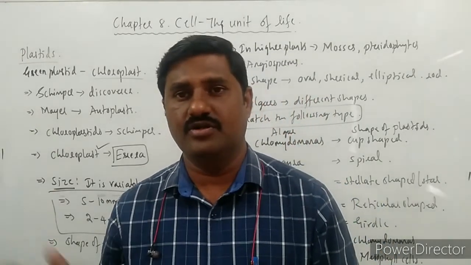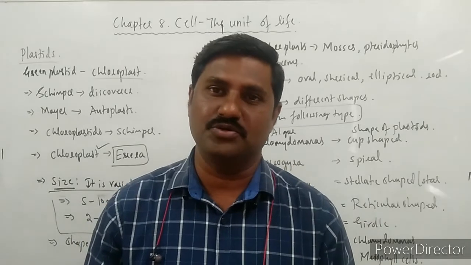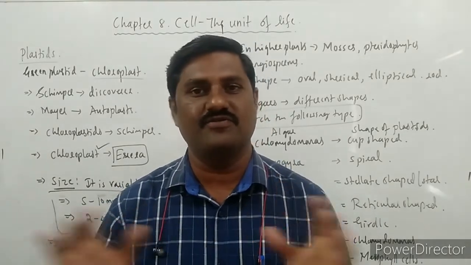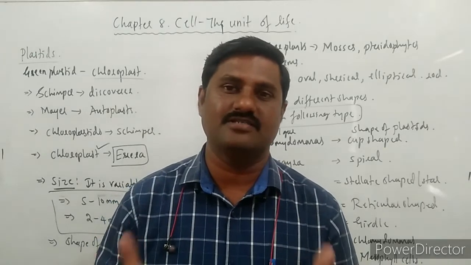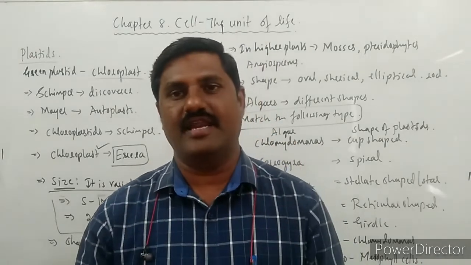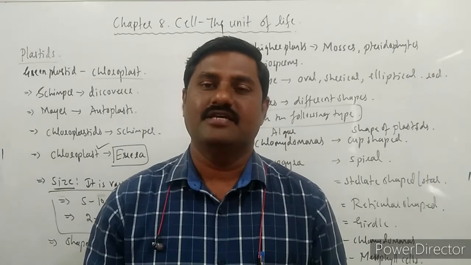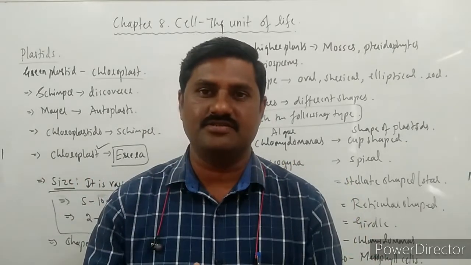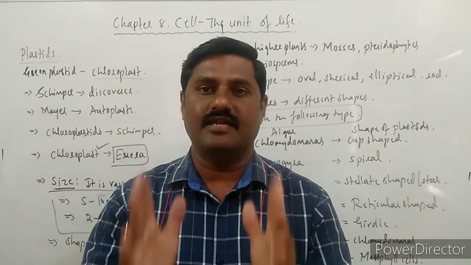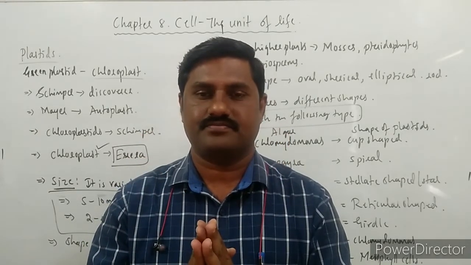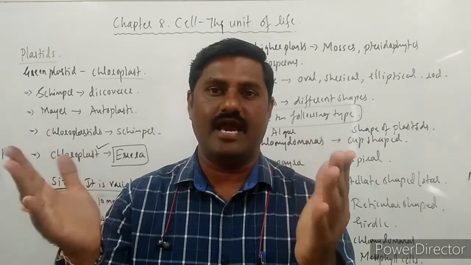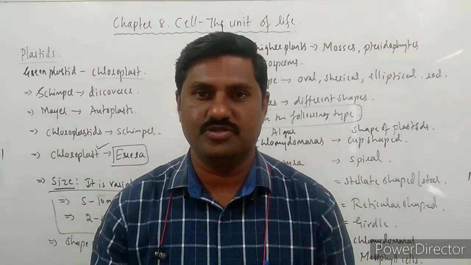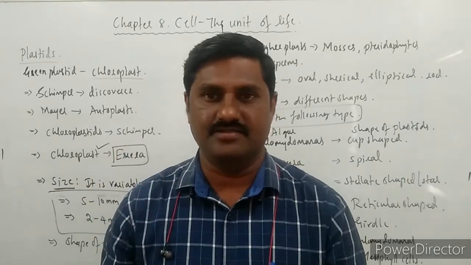For example, we already know leucoplasts are usually present in the roots and underground stems, so in that region no photosynthesis takes place. Why? Because of the absence of light, right? So there are no chloroplasts in regions where the cells are not exposed to light.